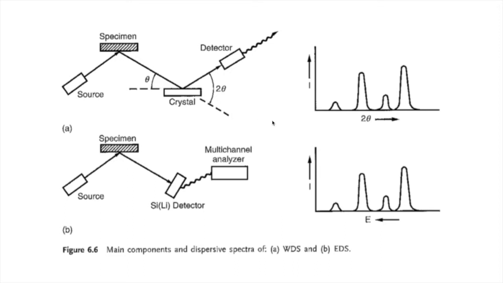And so when we're looking at the detector, we are basically looking at intensity versus 2 theta. And so more or less, we're looking at an XRD plot of the characteristic x-rays that come off. And so we're able to evaluate their wavelengths from the 2 theta values and determine what materials we have.